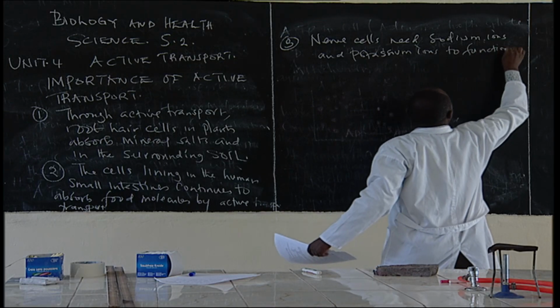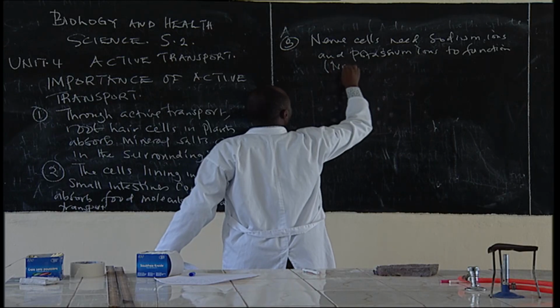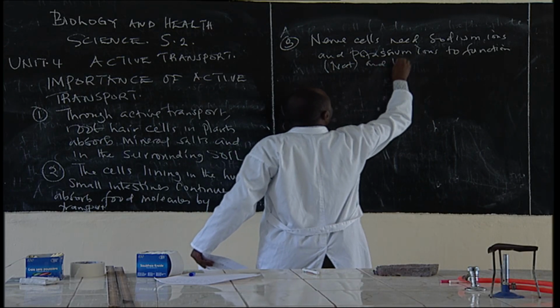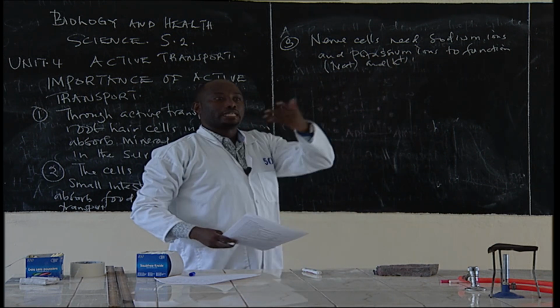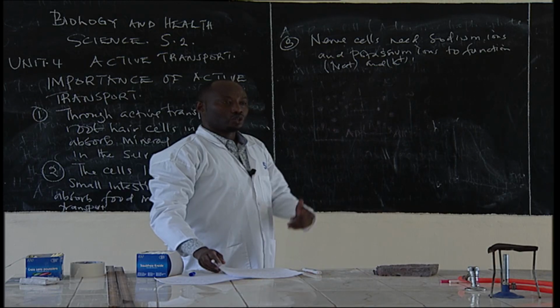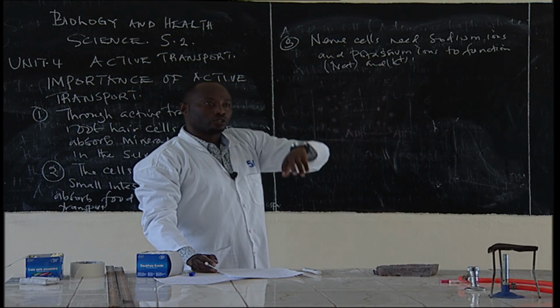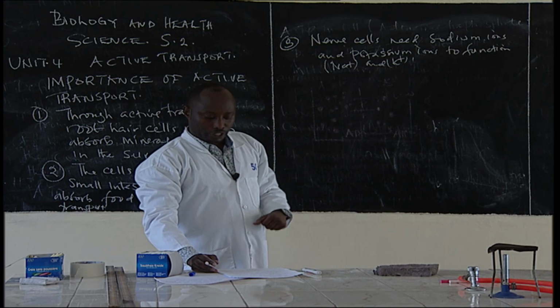So these nerve cells need both sodium ions and potassium ions for the acceleration of the nerve impulses. So the exchange of potassium and sodium ions is normally aided by active transport.